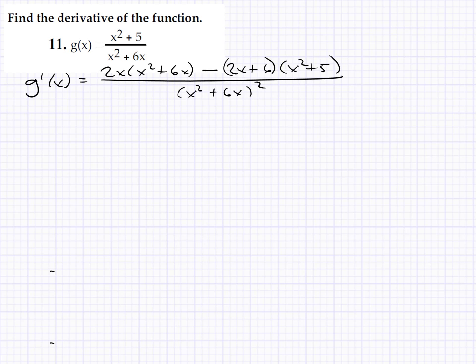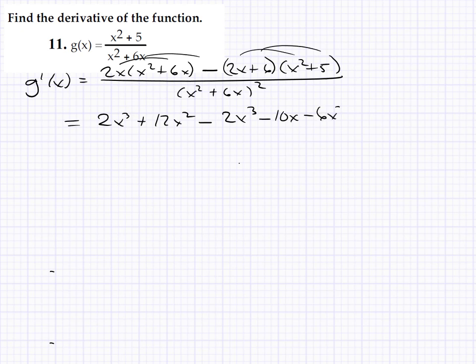To write the answer, we're going to simplify this thing, so I have to distribute this out, and so you're going to get 2x cubed plus what? 12x squared. This negative is going to come in with the 2x plus 6, so I'm going to get what? Minus 2x cubed minus 10x minus 6x squared minus 30 all over x squared plus 6x squared.